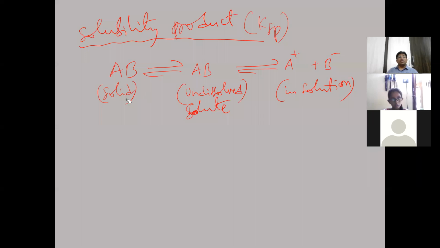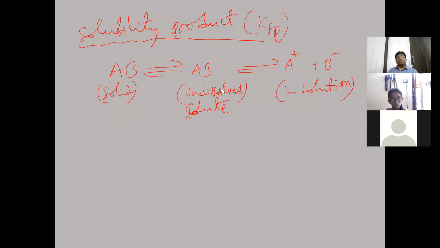What we have dissolved is some solid AB in water or a liquid solvent, and we got some solution. Between the AB undissolved solute and the dissociated ions, some equilibrium will exist here.